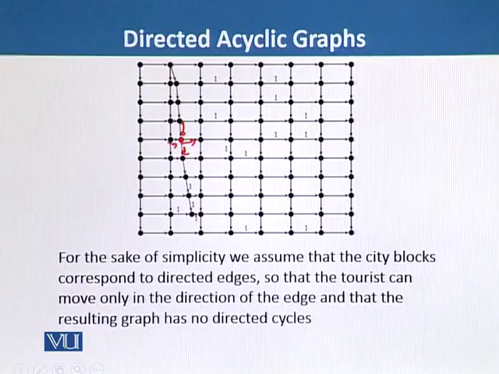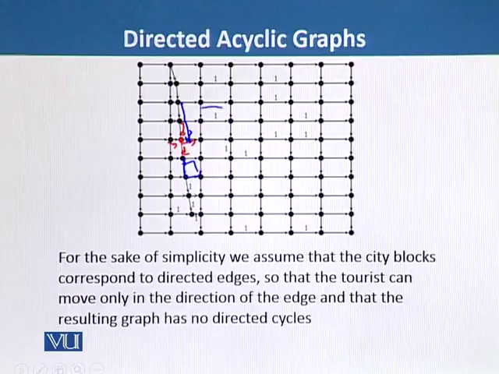So for the sake of simplicity, we assume that the city blocks correspond to directed edges, so that the tourists move only in the direction of the edge, and that the resulting graph has no directed cycles. It means there is no cyclic way.